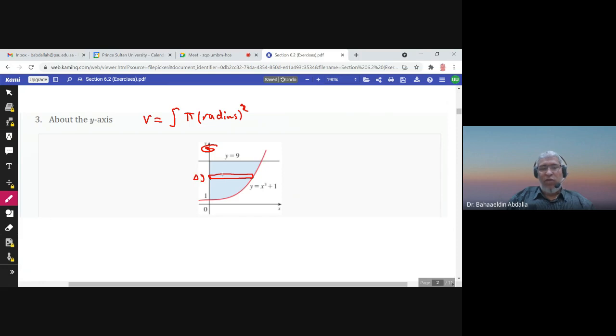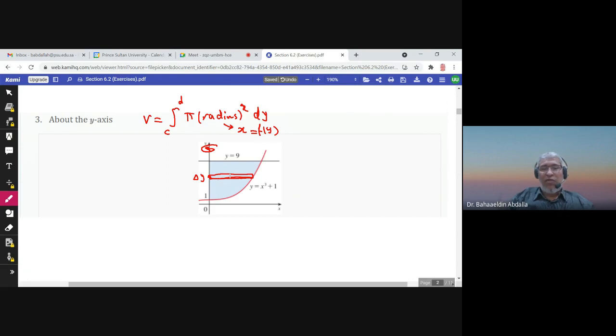So the width of the rectangle is delta y, so we are integrating with respect to y. And the radius here is the distance from the axis of rotation to the curve, this distance. And this distance should be written as x equals f of y, so in terms of y. And y runs from c to d.